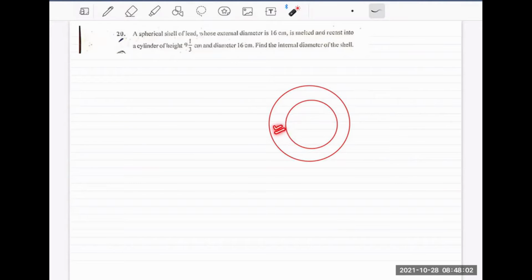So this is melted and then we recast it into a cylinder of height 9 1/3 centimeters. So we melt this and make it into a cylinder. Anything given for the cylinder?